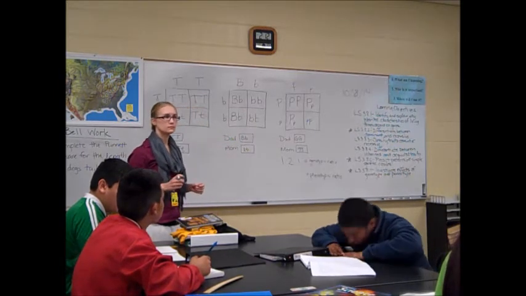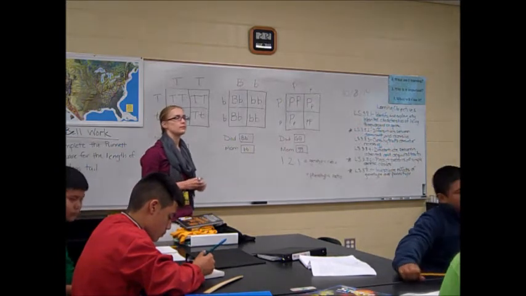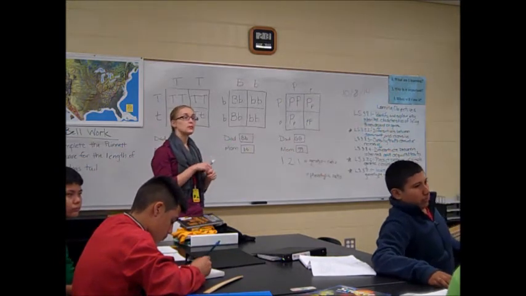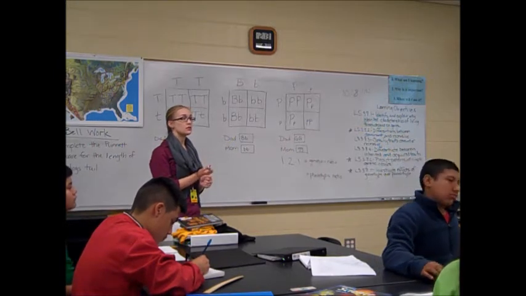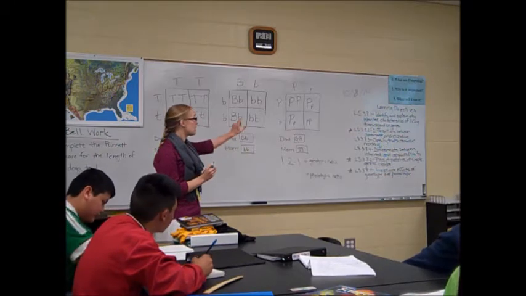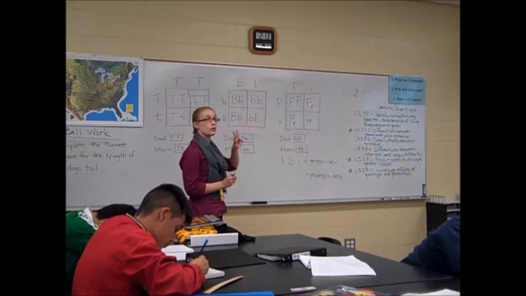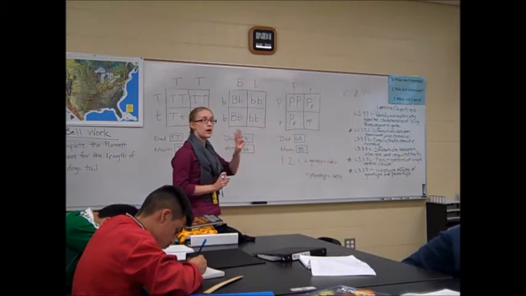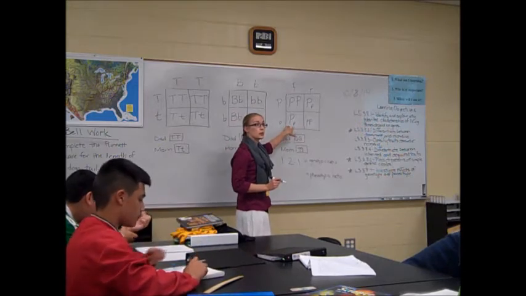Okay, let me give you a hint. I know that capital P is the dominant allele, and that the dominant allele is purple, right? So how many of my offspring have a capital P? 3. That means 3 of my offspring, since they have that dominant allele, are going to be purple.